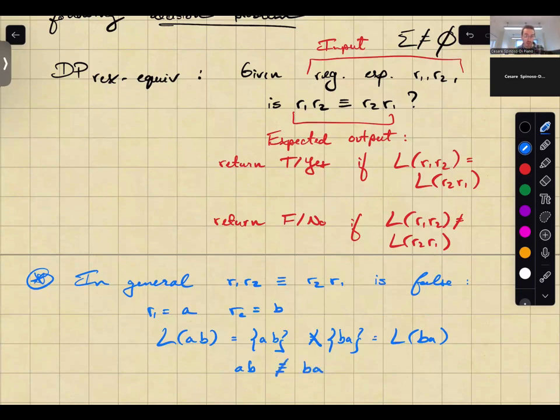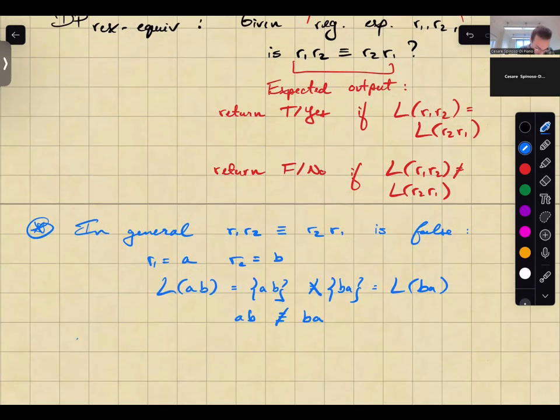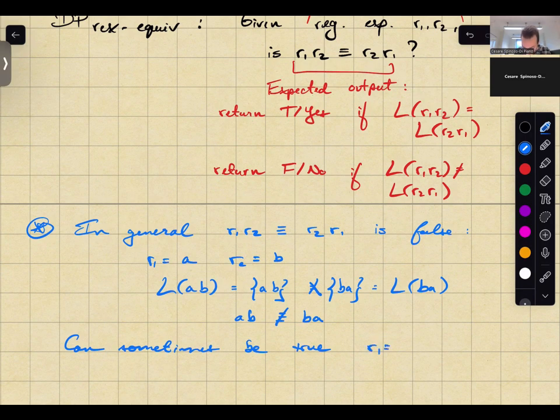But it's still possible that this happens, right? If it's false in general, it doesn't mean that it's always false. So it can sometimes be true. For instance, suppose that R1 and R2 are the same, right?